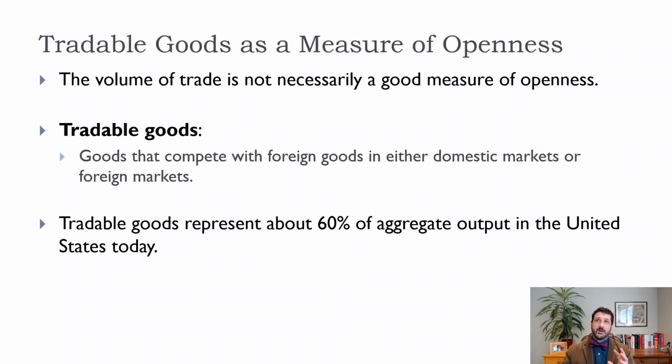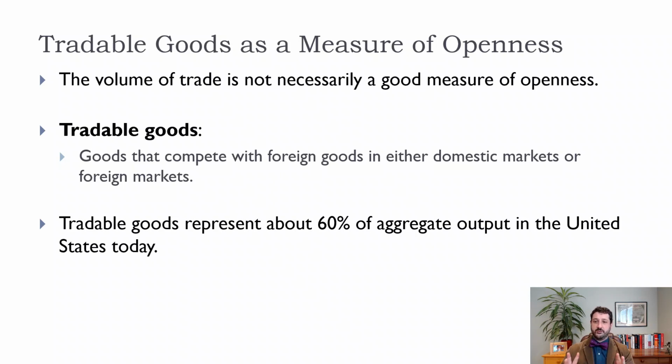We also want to think about the fact that just because only about 15% of GDP is exports and imports for the United States, that doesn't necessarily give us a good measure of how open the U.S. economy is, right? Because we could have a lot of goods that experience competition from international producers, and so they have pressure to both keep prices low and keep improving their products.